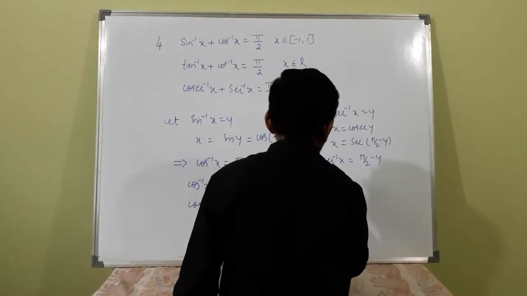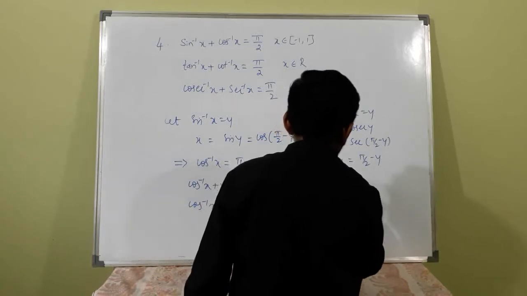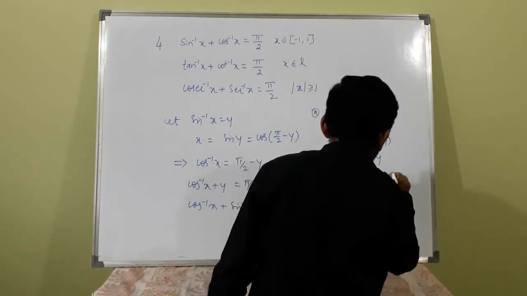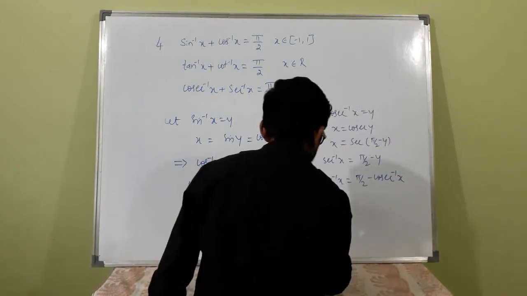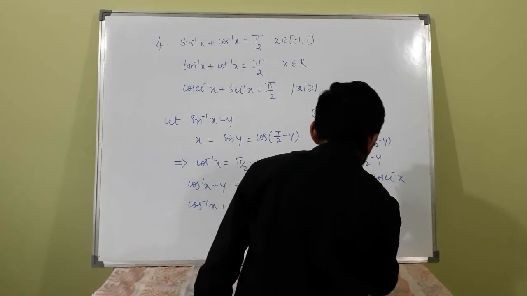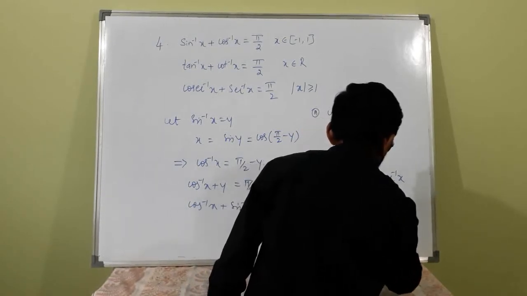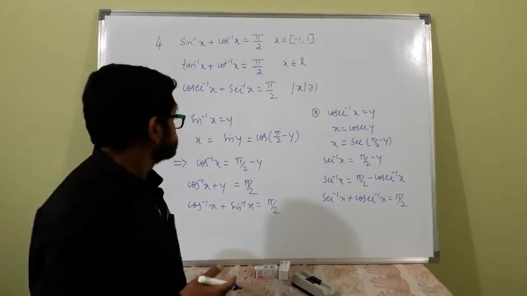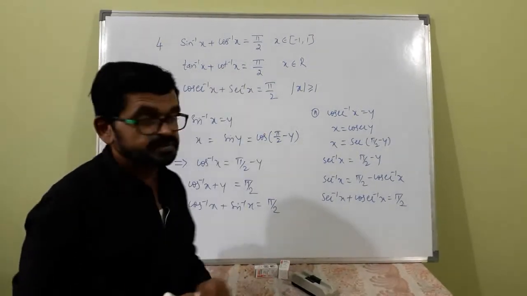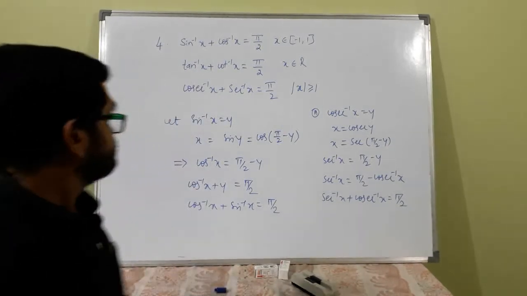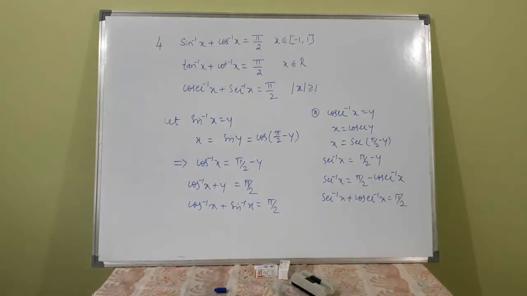So secant inverse x is equal to π/2 minus cosecant inverse x, or secant inverse x plus cosecant inverse x is equal to π/2. Similarly, tan and cot: tan inverse x plus cot inverse x is equal to π/2. That is the fourth one.